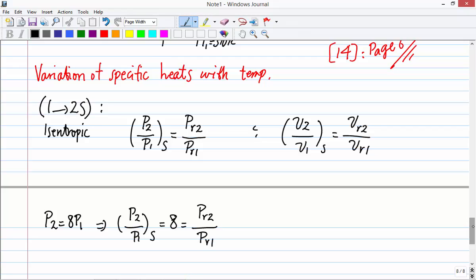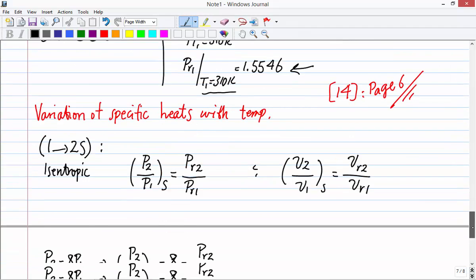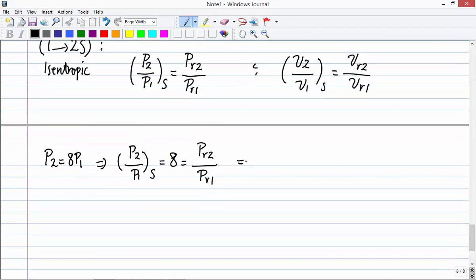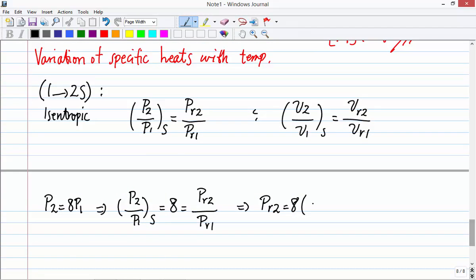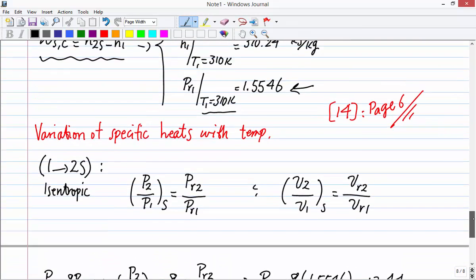At point 1, based on the table, this is PR1, so I can find PR2. It would be 8 times PR1. So by use of that link, we found PR2, 12.44.